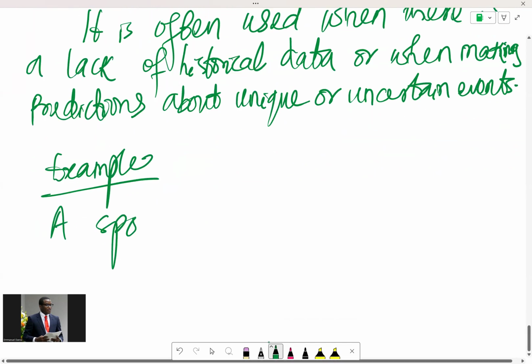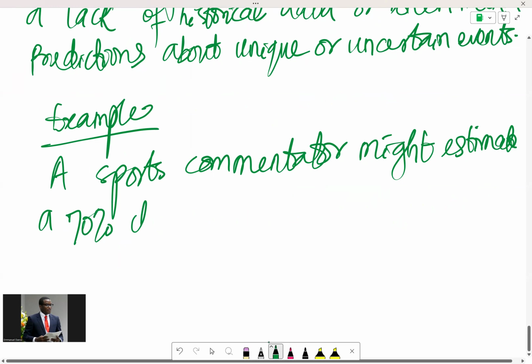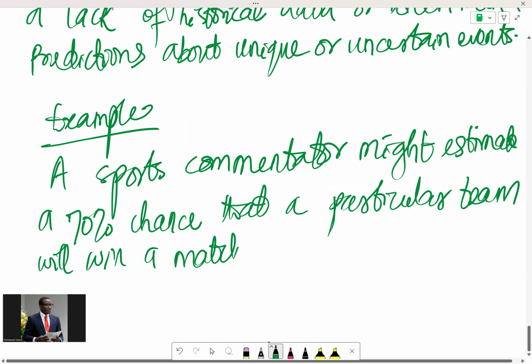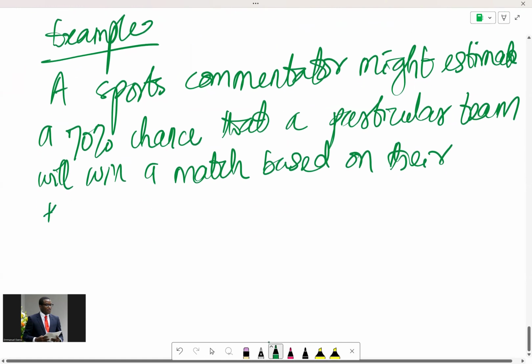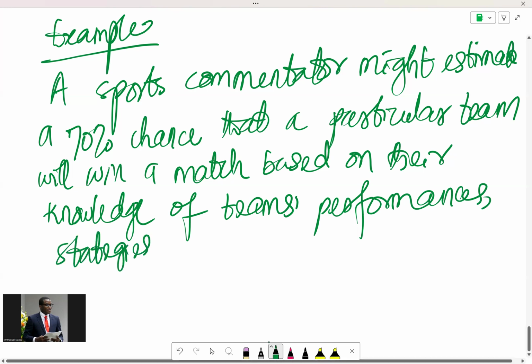A sports commentator might estimate a 70% chance that a particular team will win a match based on their knowledge of the team's performances, strategies, and conditions.